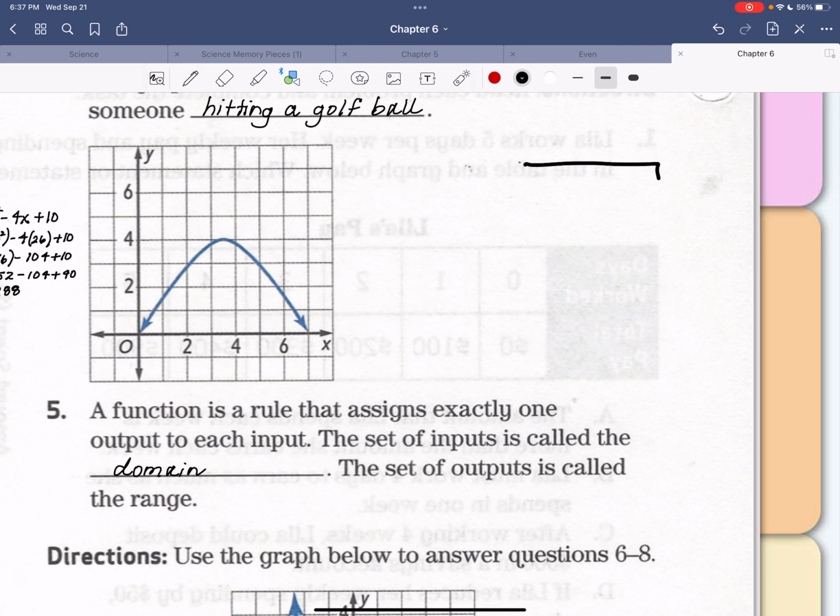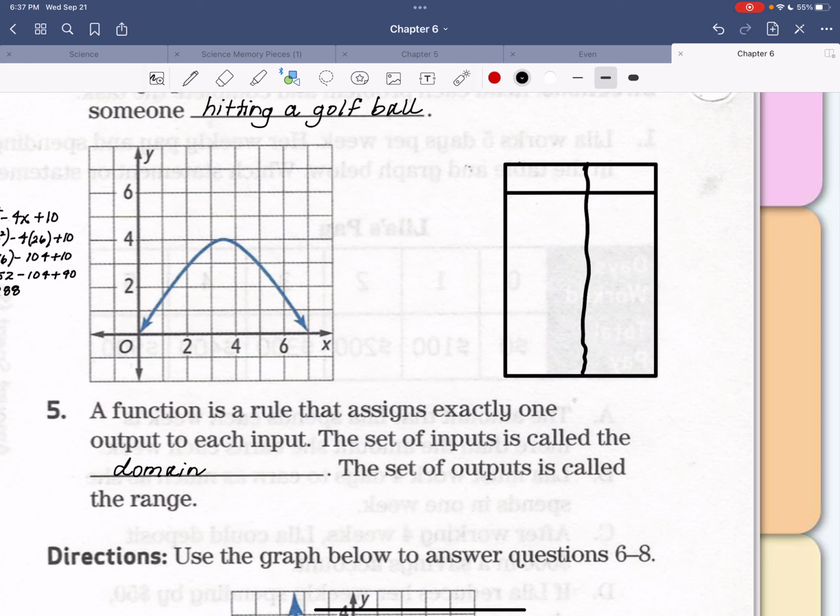Remember, you've learned a lot of different terminology in this class. So we can split this table as x and y. You can also say x and f of x. You can say input, output. You can say domain and range.